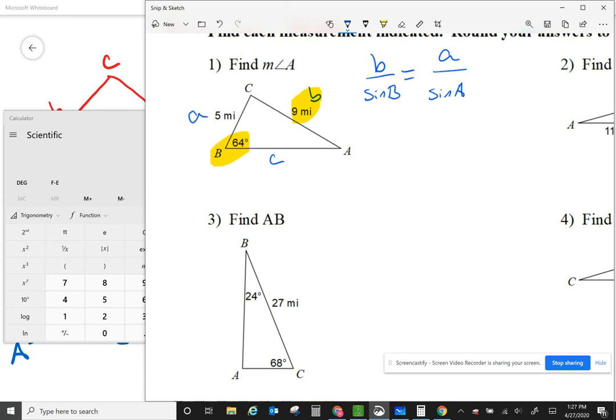All right. b, I know b is 9. So I'm just going to go 9 over sine of 64 is equal to 5, because I know little a, side a is 5. Now, I'm just going to call this sine of A. I don't know what angle A is, and as a matter of fact, that is what I'm solving for. So when I cross multiply, I have that 9 times sine of A is equal to 5 times sine of 64.